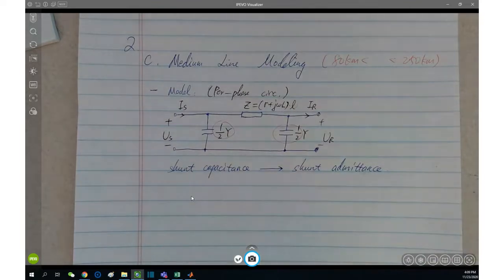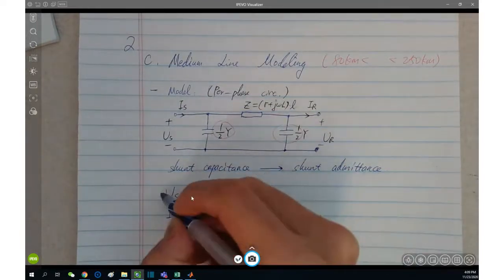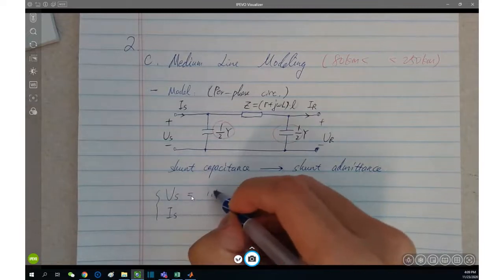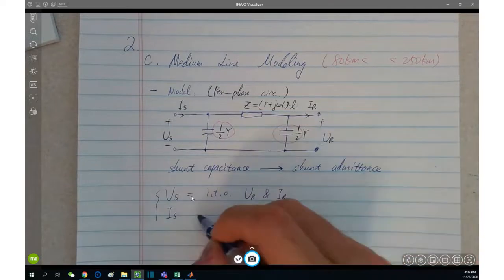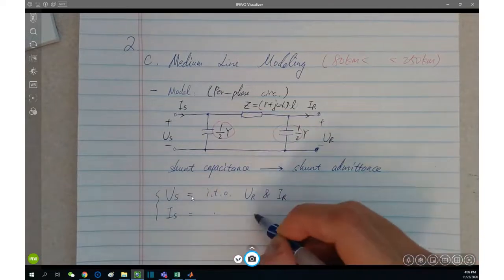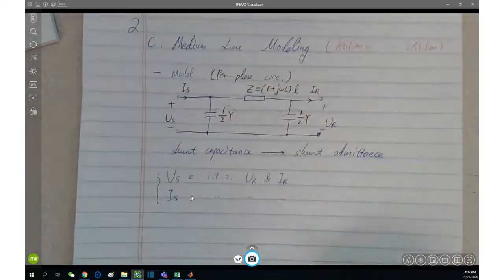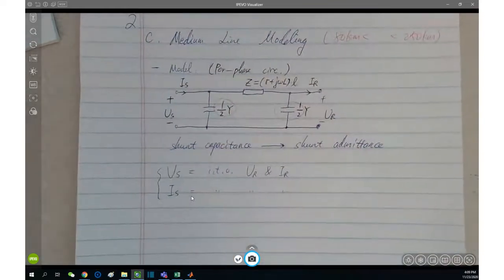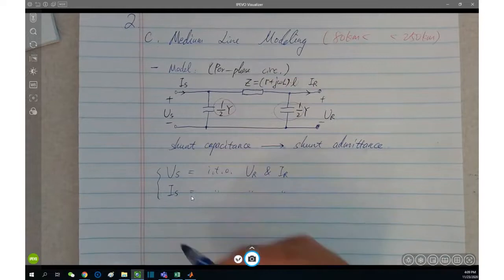As in the short line model, we are trying to express Vs and Is in terms of VR and IR. We are trying to derive these two. This is nothing but 235 knowledge. So let's see.